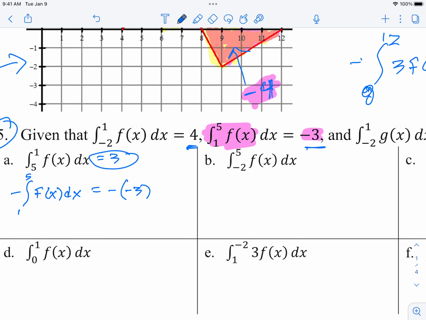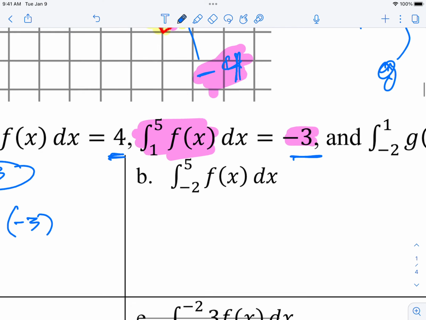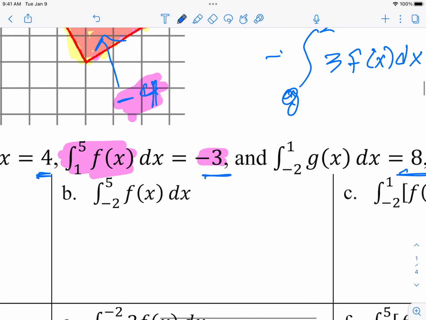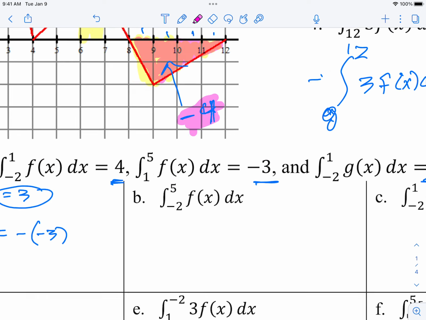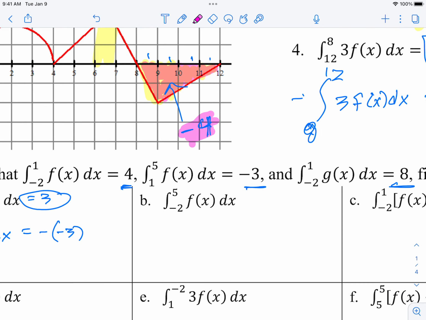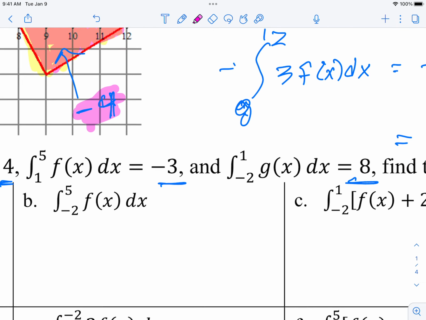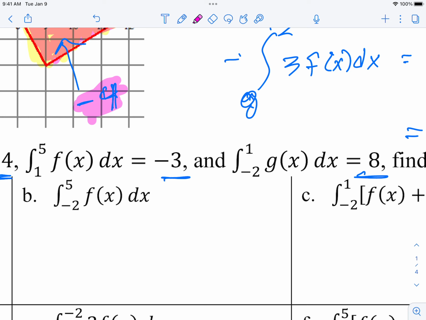The next one is a compilation. If you go from -2 to 5, so I'm going to go up here and get rid of my little highlight again. Check this out. If you go from -2 to 5, none of these 3 go from -2 to 5. They're little shorter chunks, but you can go from -2 to 1, and that's an area of 8, and then add to it 1 to 5, which is the area of -3.